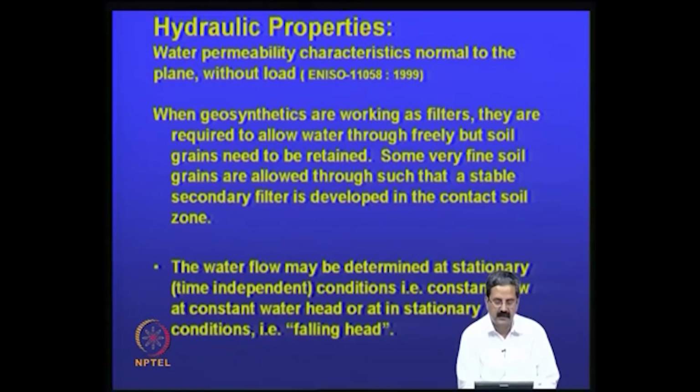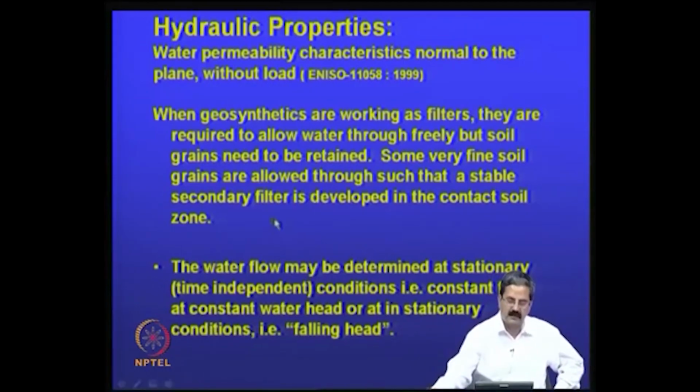But if the head is highly variable, for example, if you are testing the geosynthetic material at the bottom of a landfill, where the leachate head will be about 5 meters, the thickness and the head are quite high. So, definitely you need to do a falling head type of test.